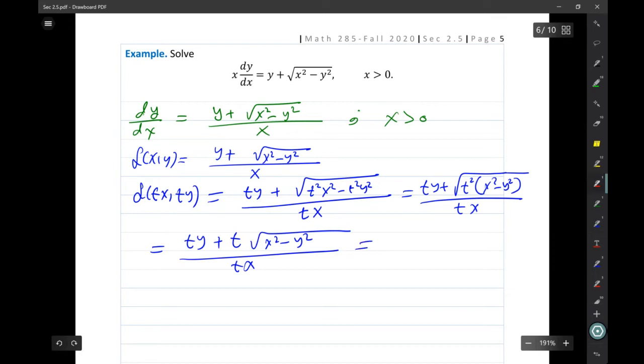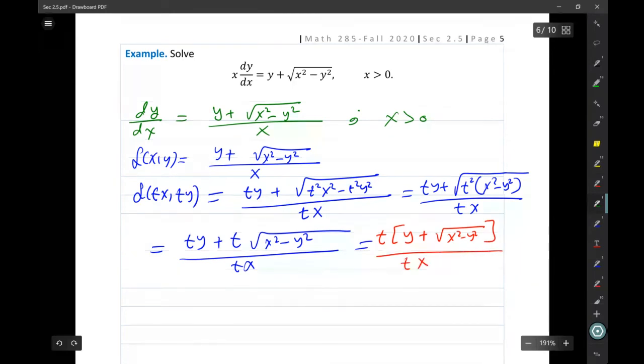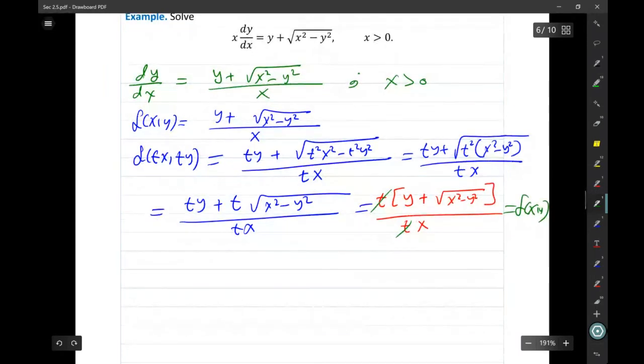You can take a t from the numerator as a common factor, which is t times y plus square root of x square minus y square divided by tx. The t will cancel the t, which is equal to f of x y.